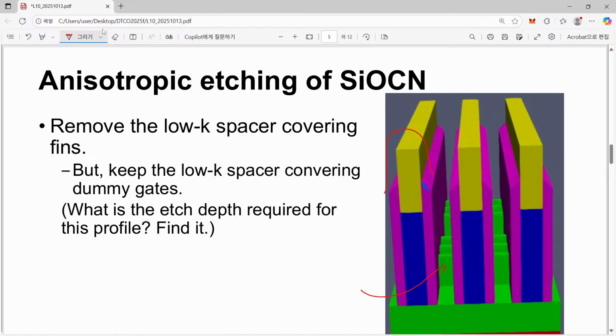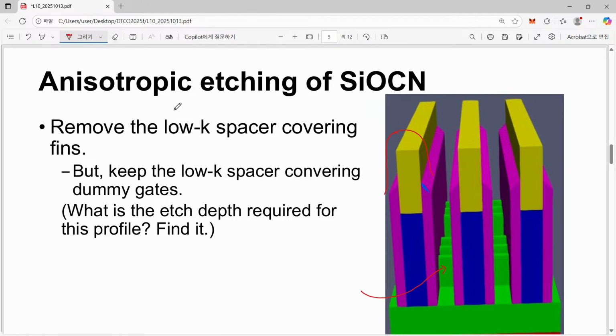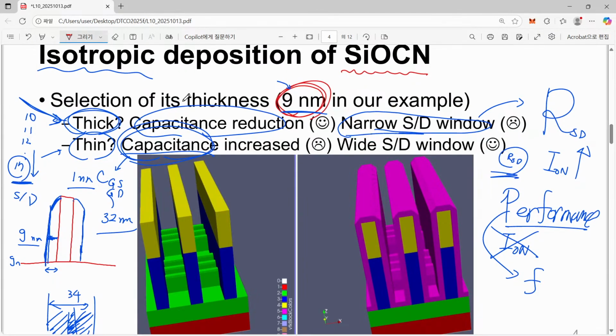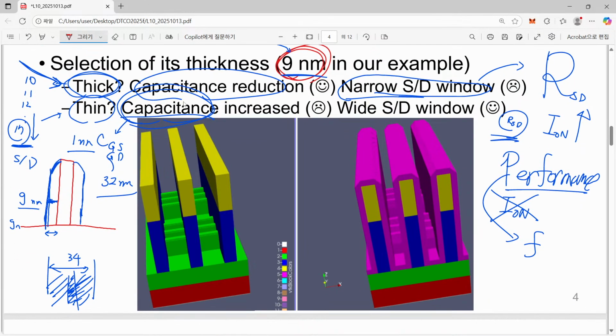Now you can see that here we have exposed source and drain region. This part should later be filled with additional source drain silicon. Previously this part was also covered by spacer, because this spacer deposition was done globally without any patterning for our source and drain.